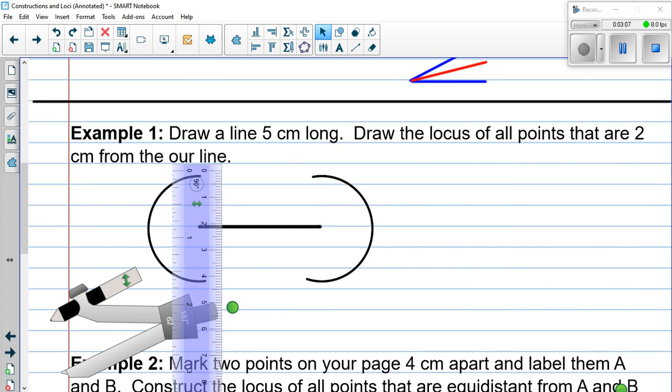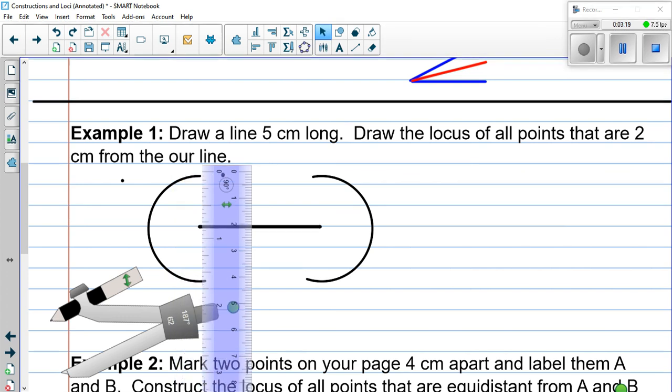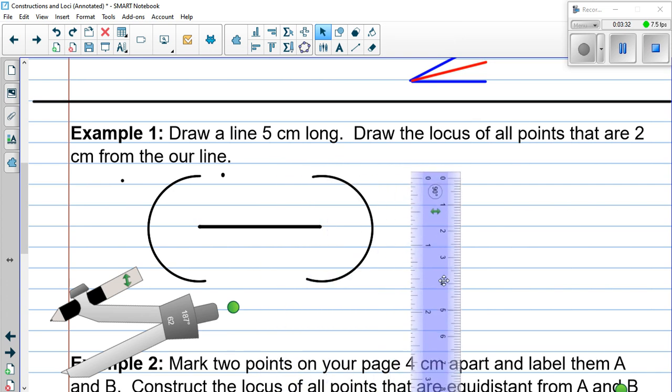So I'm going to do 2 points on either side. That way we know where we're kind of lining up with our semicircles. So actually that point's going to line up quite nicely. So I'm going to draw a line connecting there and there.